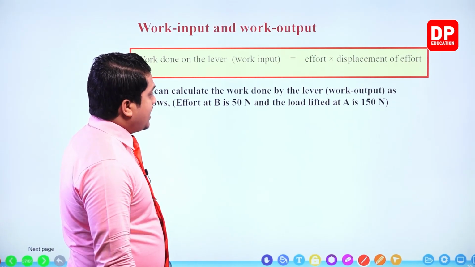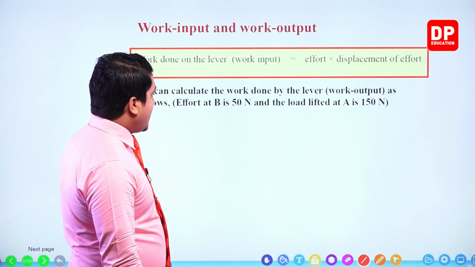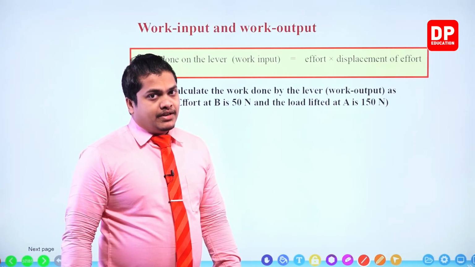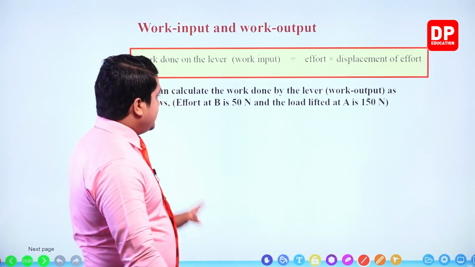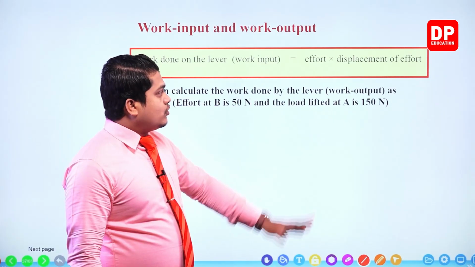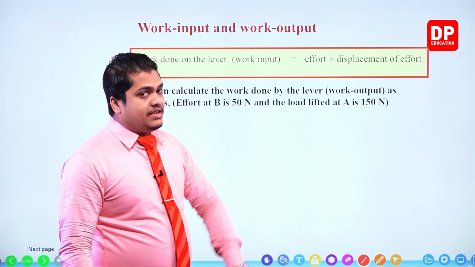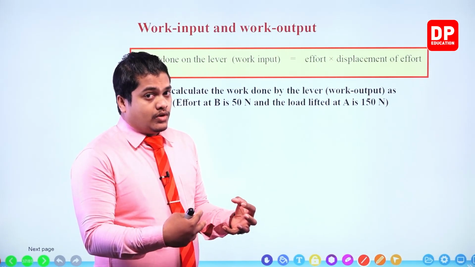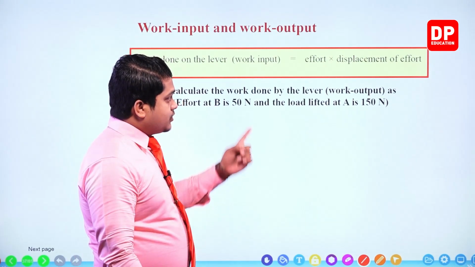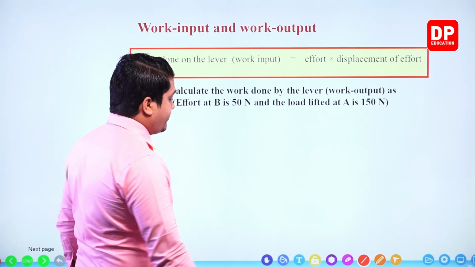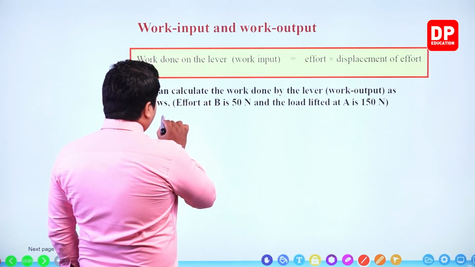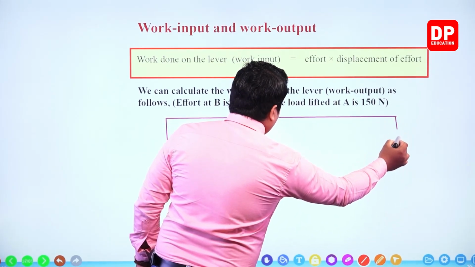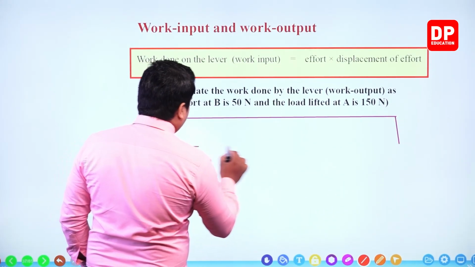Now let's calculate the work input and the work output. You know that work input is very simple. Now the work output is the work done by the lever, the work done on the load. How to define the work output? Like this, you can define the work output.